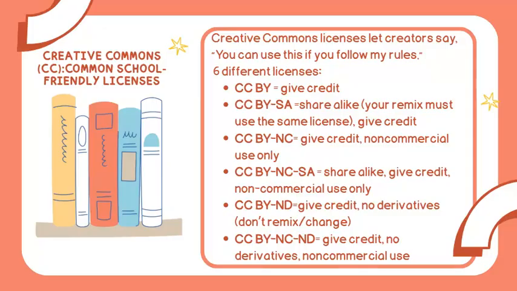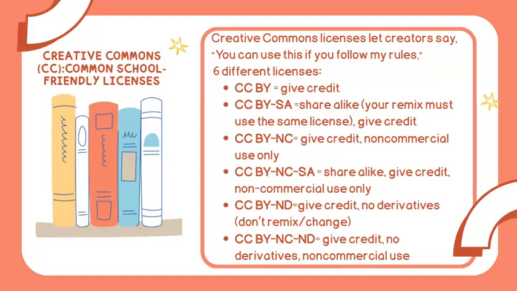CC BY SA builds on that, so you can do it as long as you're giving credit and you are remixing with items of the same license, so share alike. CC BY NC would be give credit, but only for non-commercial use. You wouldn't be able to do something for monetary value.